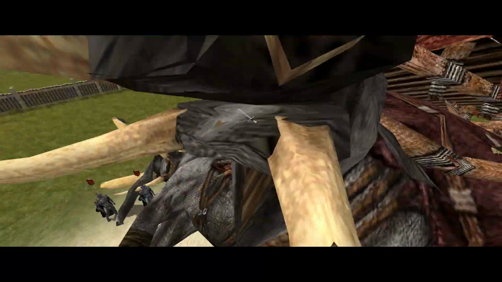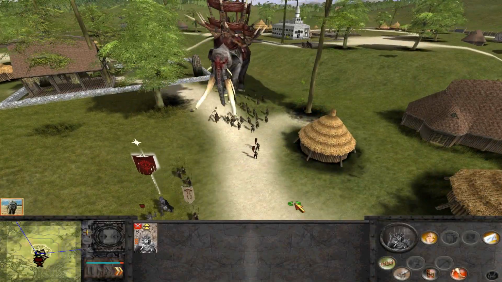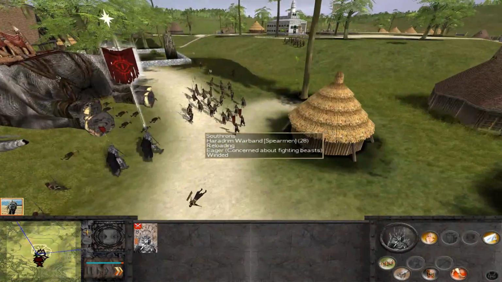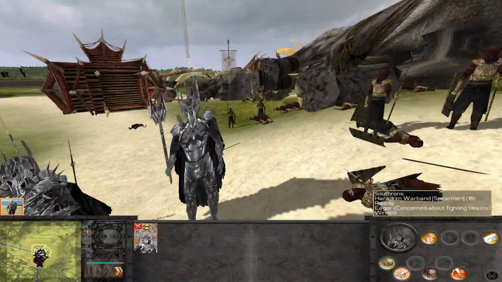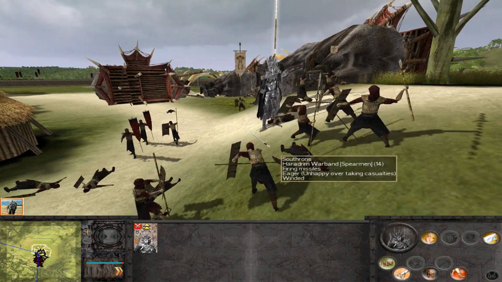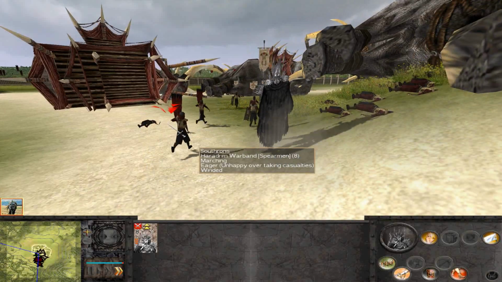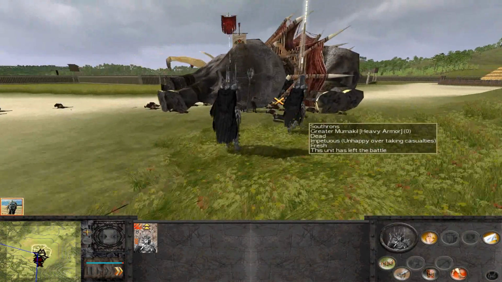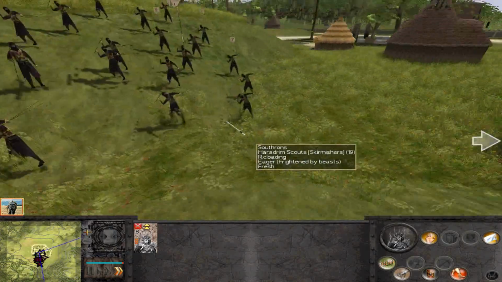In 2013 it took down the Mumakils. Now slaughter the rest, everyone. Good, took them down. We seem to only have 2 Southrons alive out of 4. Our ally still hasn't moved.